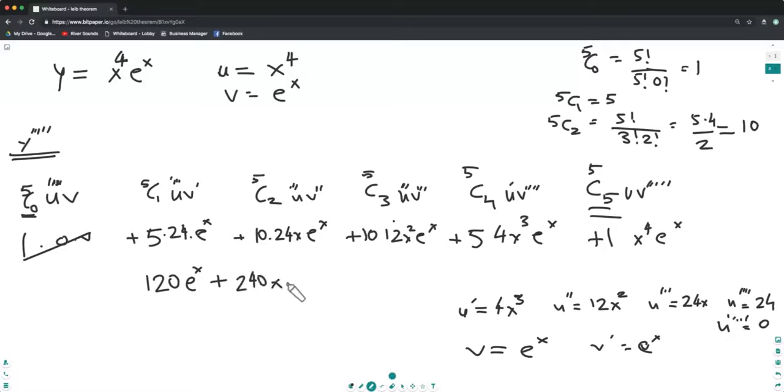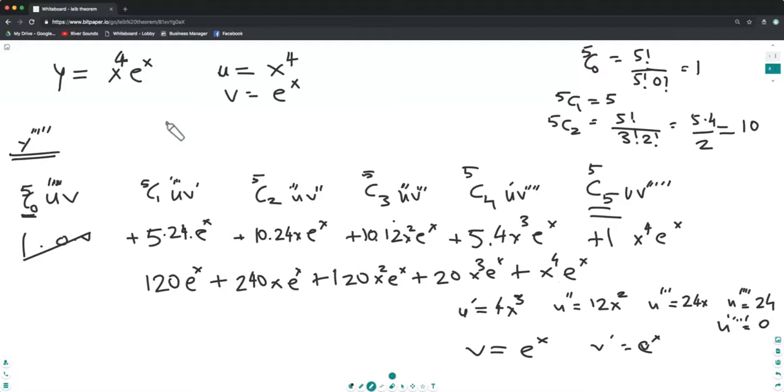240 x e power x plus this was 10 times 12, so that's 120 x squared e power x, and here you've got 5 times 4, so that's 20 x cubed e power x, and here you've got x power 4 e power x.